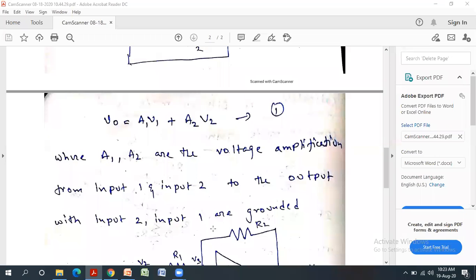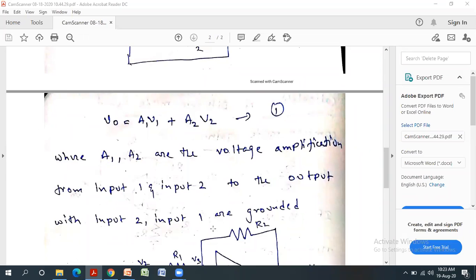One more important point, it is very important, it will again come in some of your competitive exams. The gain which amplifies the common mode signal to produce the output is called the common mode gain of the differential amplifier. So what is this common mode gain?